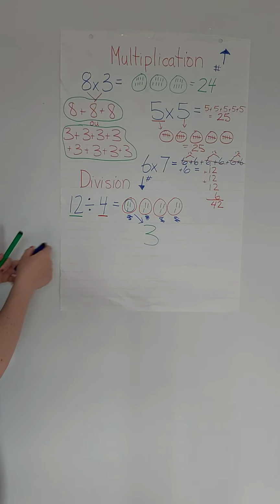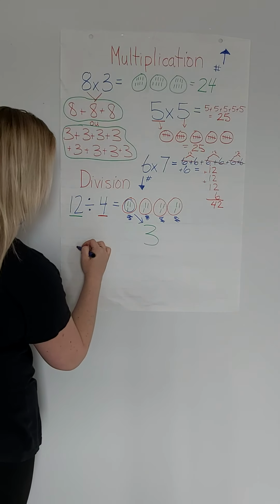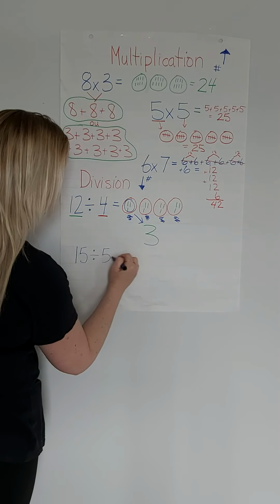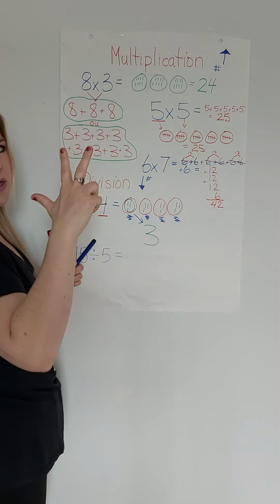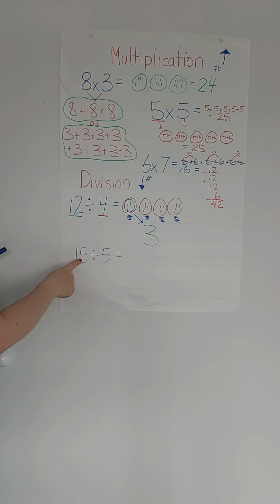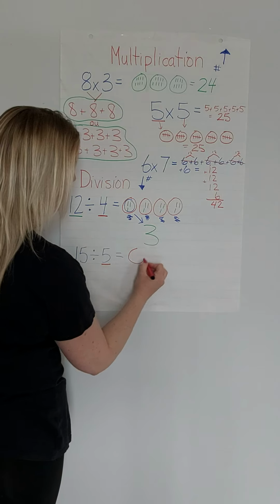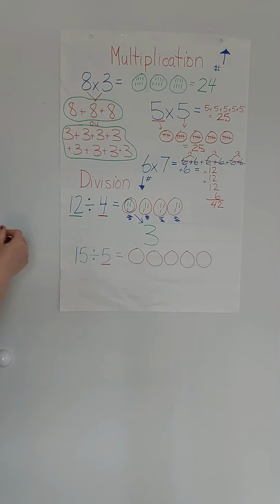Let's give another example. 15 divisé par 5. Okay, 15 divided by 5. We can do 5, 10, 15 and know that it's 3 because we know how to count by 5s. Ou, ce qu'on peut faire, premier nombre ici, 5, ça veut dire qu'on va faire 5 groupes. 1, 2, 3, 4 et 5, 5 groupes.